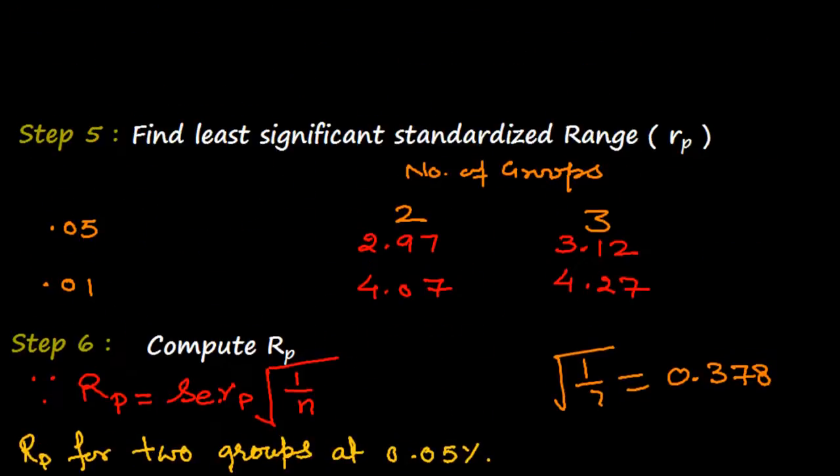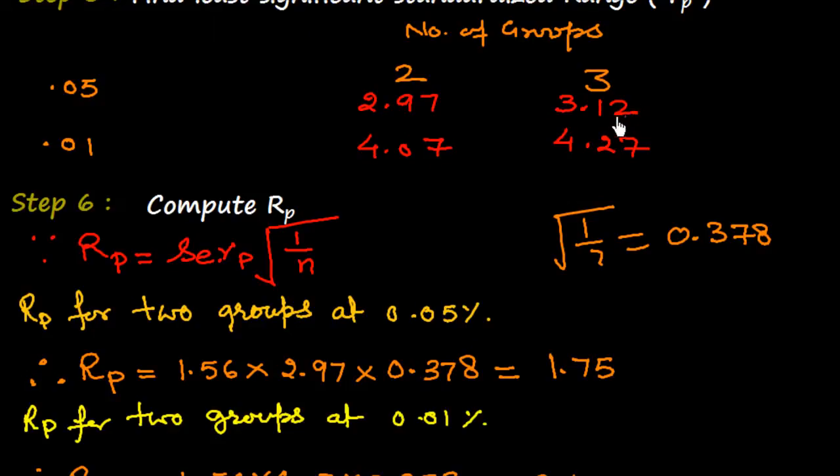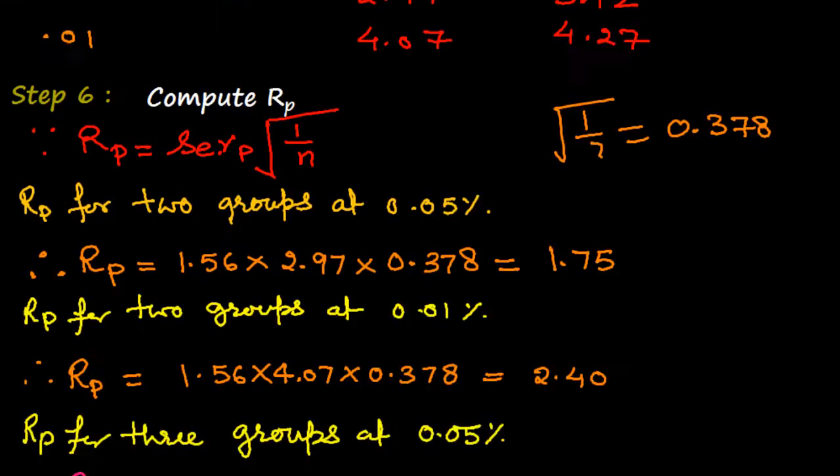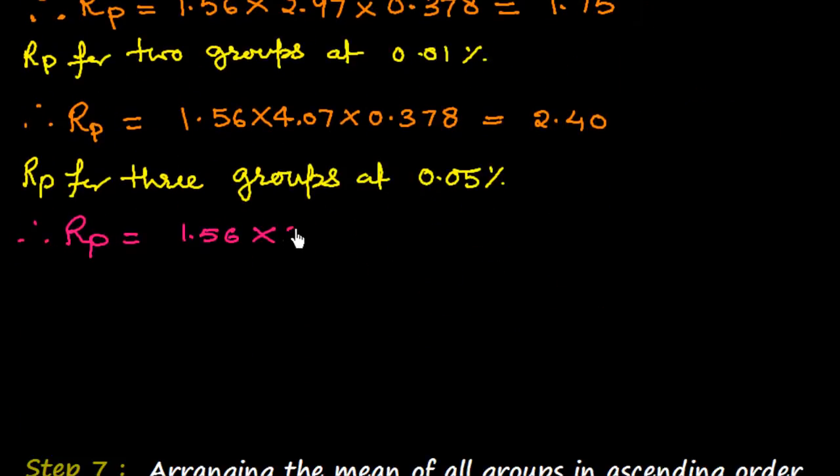For three groups at 5%, we see 3.12, so we write down 3.12 and 0.378. Finally, at 5% we get 1.84.